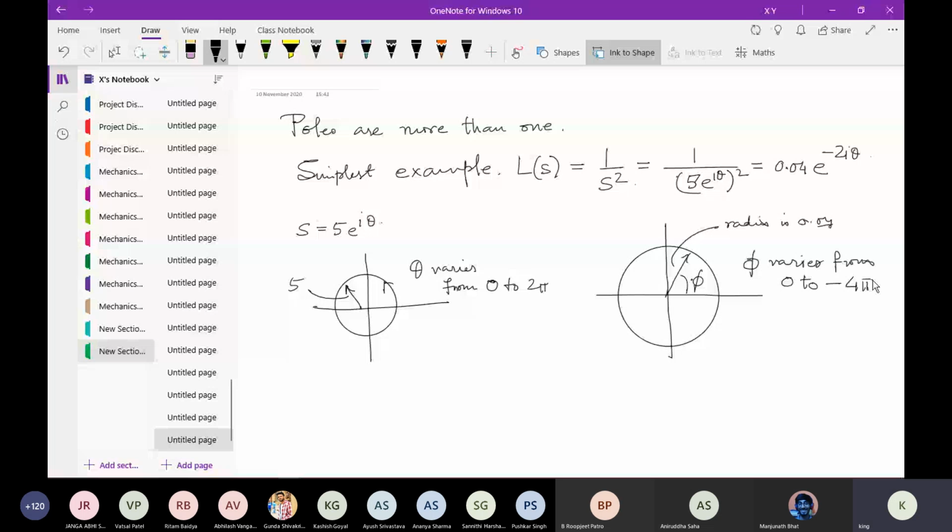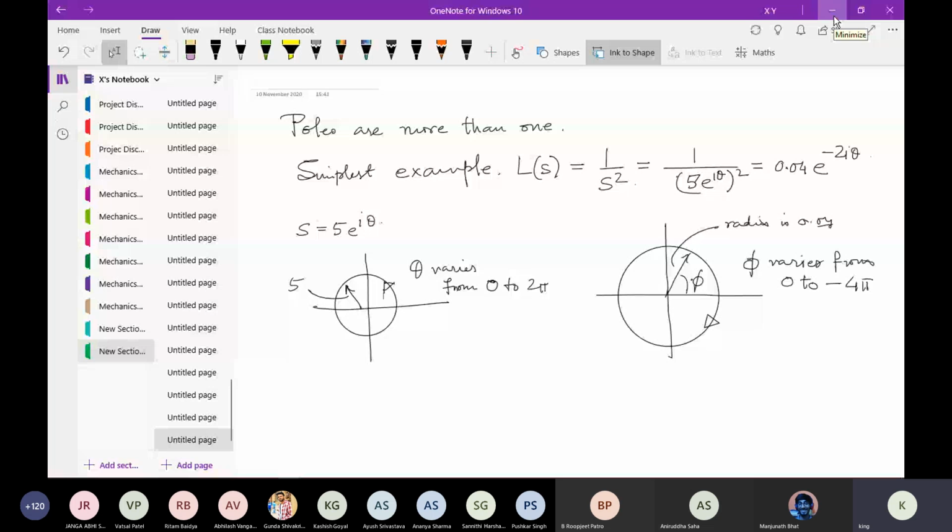From 0 to minus 4 pi. So in this case, the direction of traversal will be like this. Okay. So if you have more poles, you'll have more.